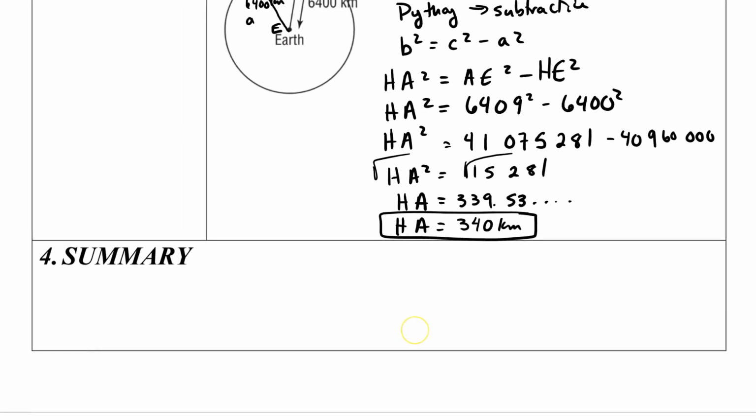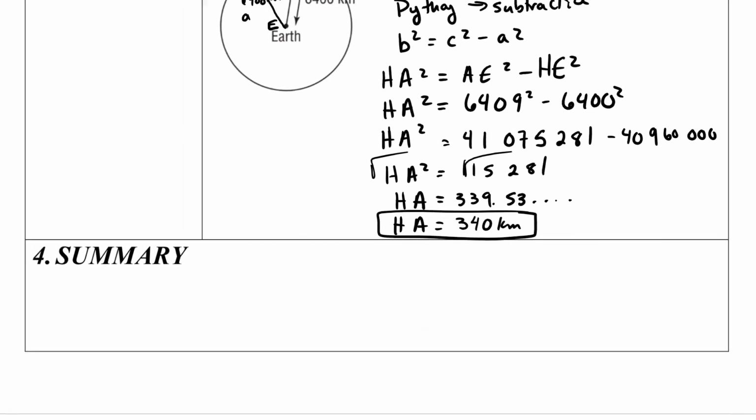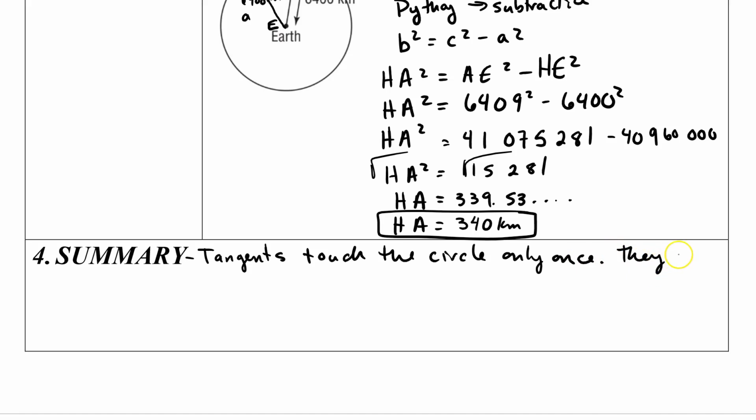Okay, so let's write down a summary here before you move on to the homework pieces. So in summary, tangents touch the circle only once. They make a 90-degree angle with the radius at the point of tangency.